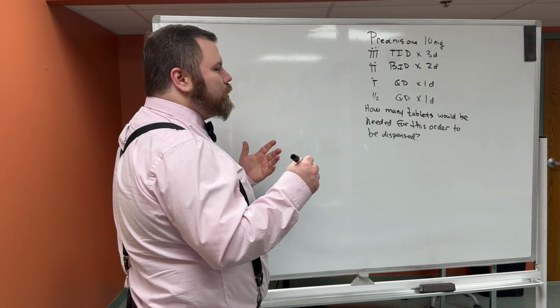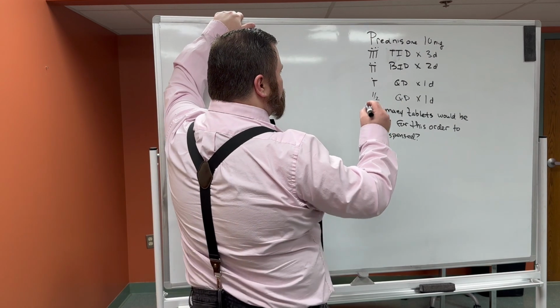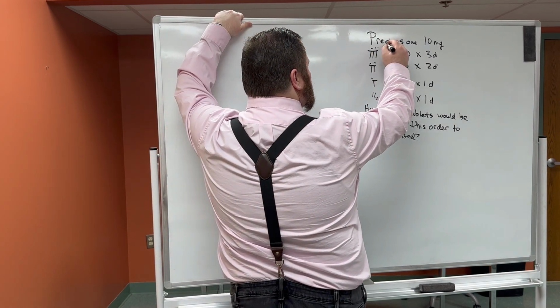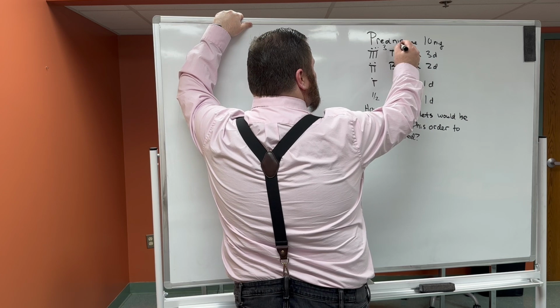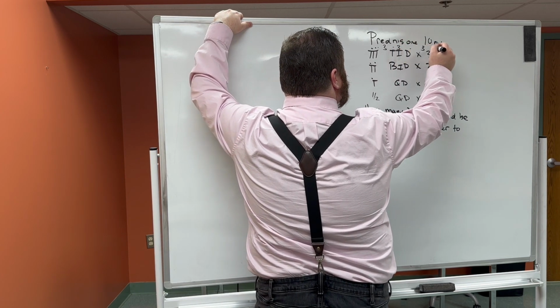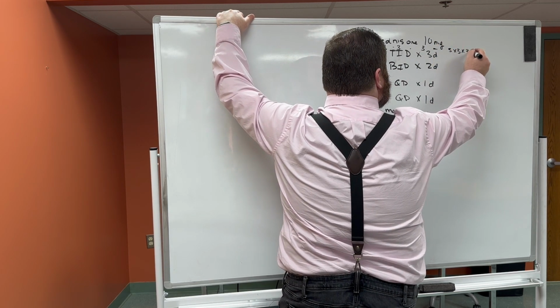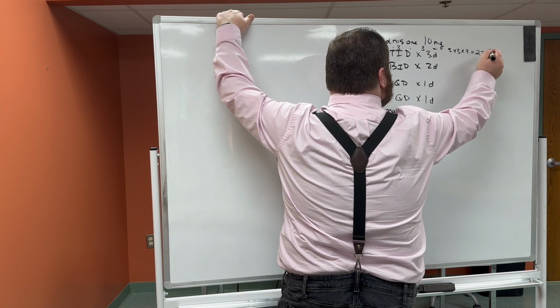Problems like this are pretty simple in that the math is pretty much laid out for you. If we know that we're taking 3 tablets, 3 times a day, for how many days? 3. Then we can simply multiply across. So 3 times 3 times 3 gives us 27.